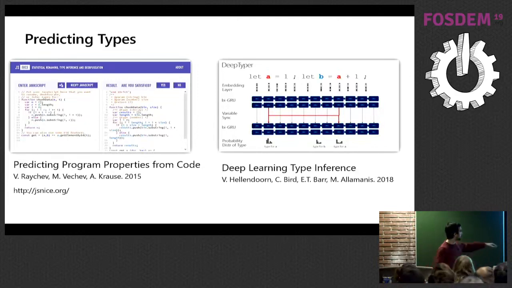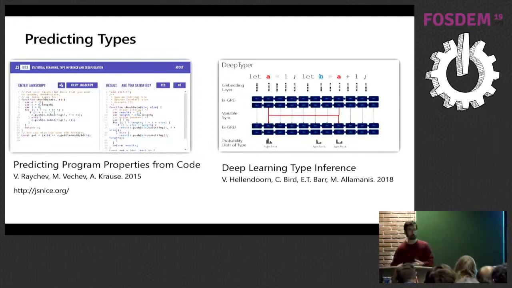And you can imagine you have a for loop, maybe that's too small to see in the back, and you use for i equals 0. Well, you probably know that i is an integer. So you get these patterns that you can learn from data, and you can start predicting types so that you can start migrating, let's say, from JavaScript to TypeScript to Flow or to other typed equivalents.